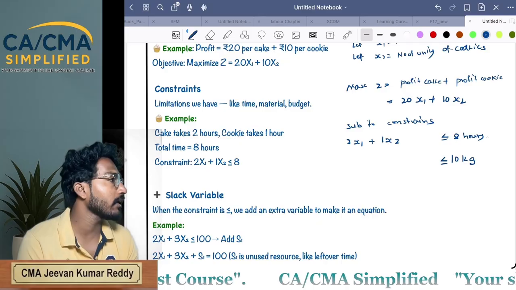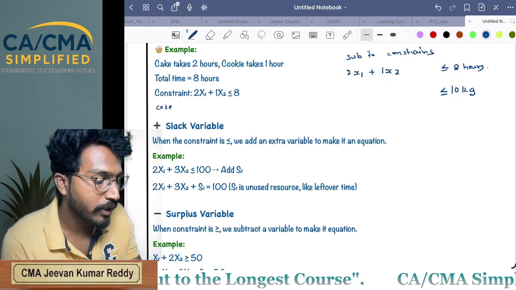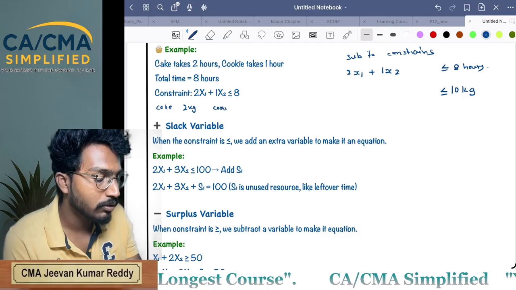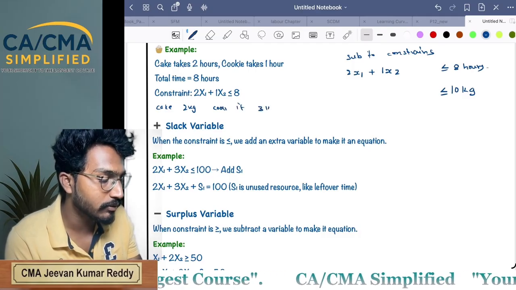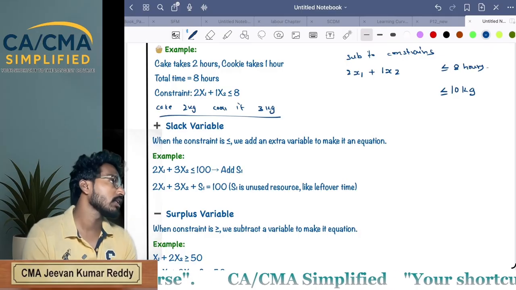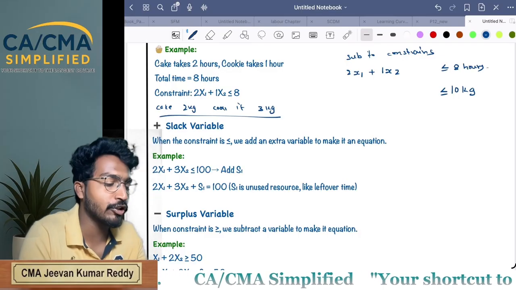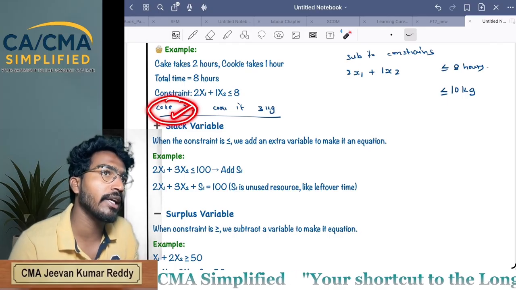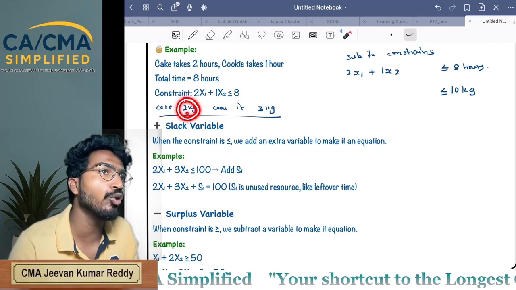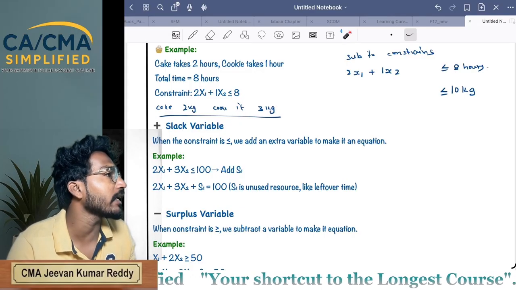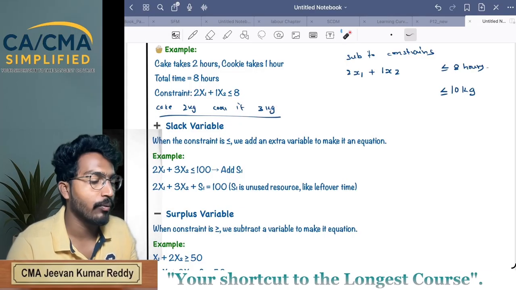Cake takes 2 kgs, cookie takes 3 kgs. We are assuming that for making one cake it takes 2 kgs of flour, and for making one cookie it takes 3 kgs of flour.